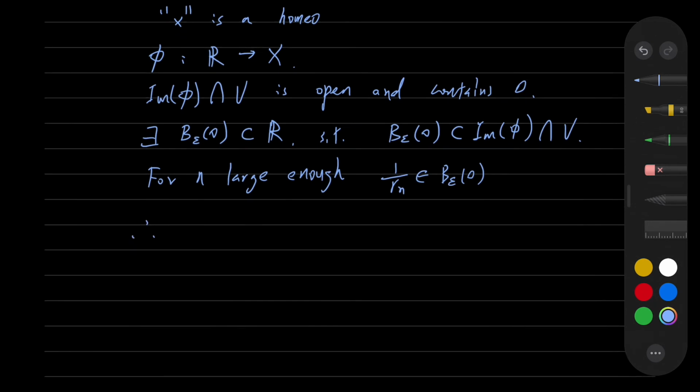So 1 over r_n times x is inside the neighborhood V. So actually, x is inside r_n V for every n onward.